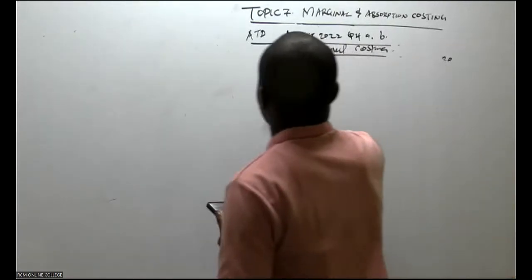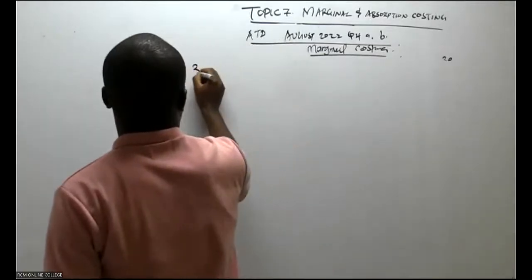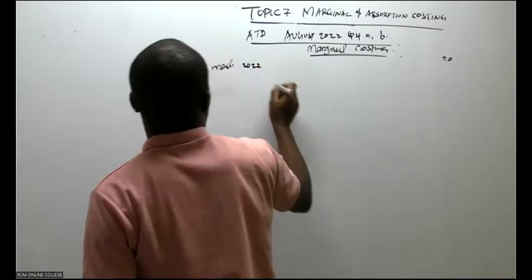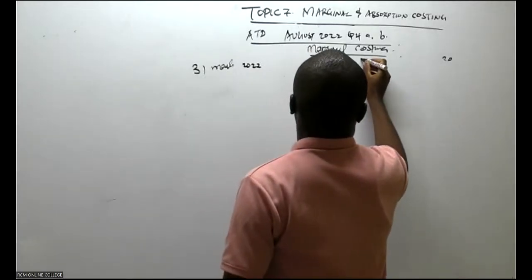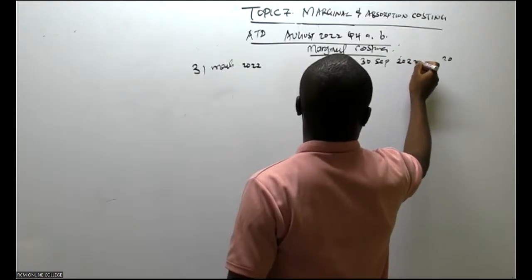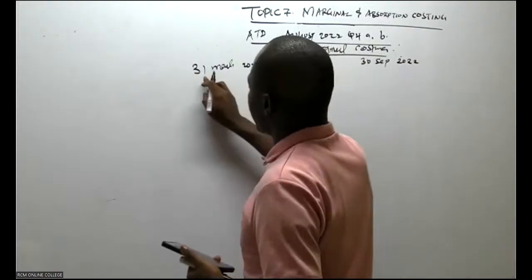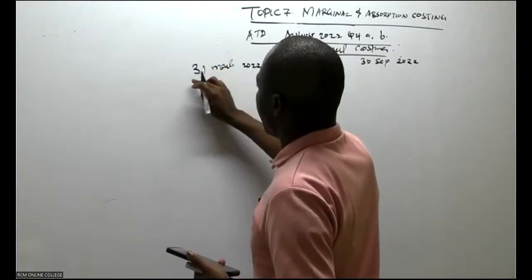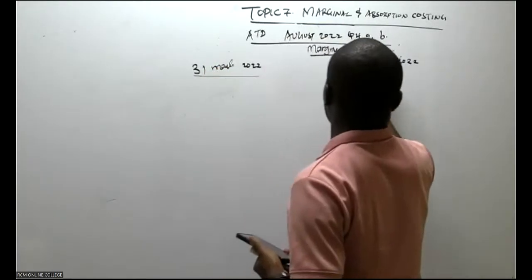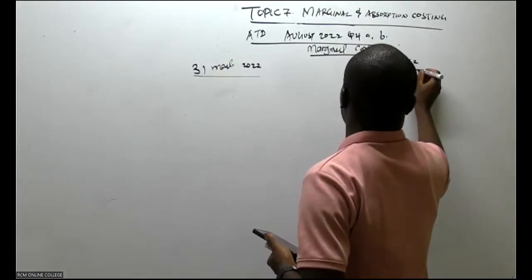This is the end date of the first 6 months, and this is the end date of the last 6 months.